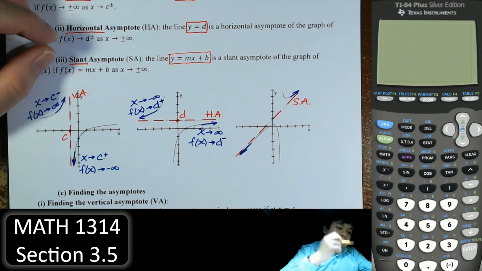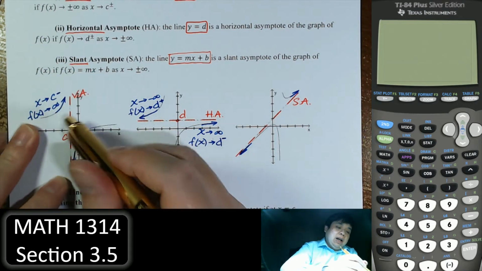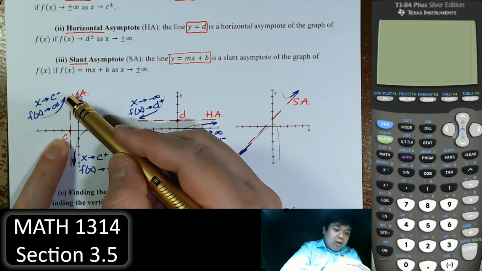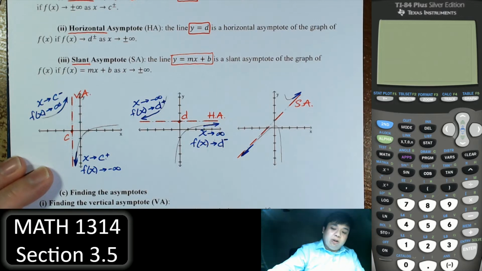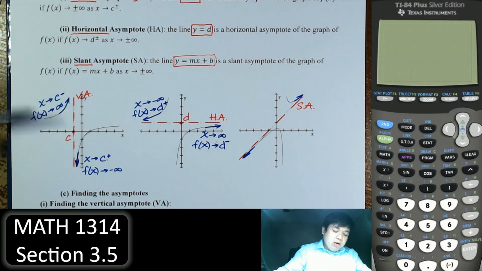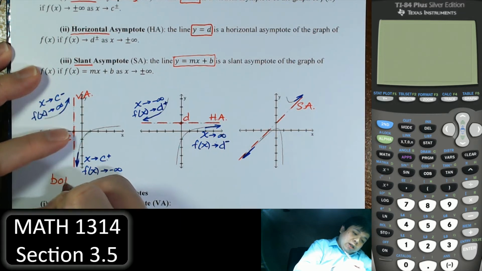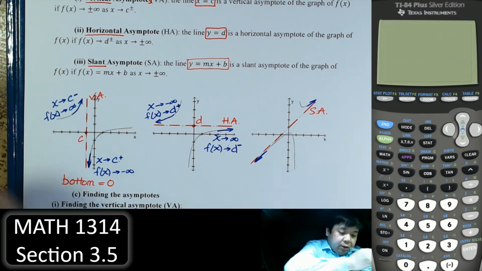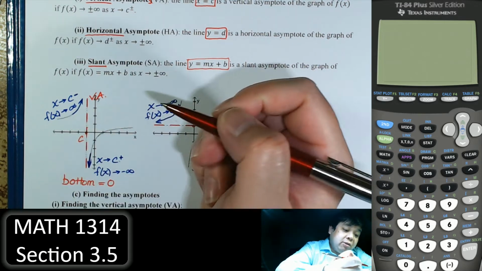But the distinction for the vertical asymptote is that when x goes to a number c, the function is undefined. So there's a break in the function for the vertical asymptote. So notice that for the vertical asymptote here, the bottom is equal to 0, so the function is undefined, and this is the gap in the function.